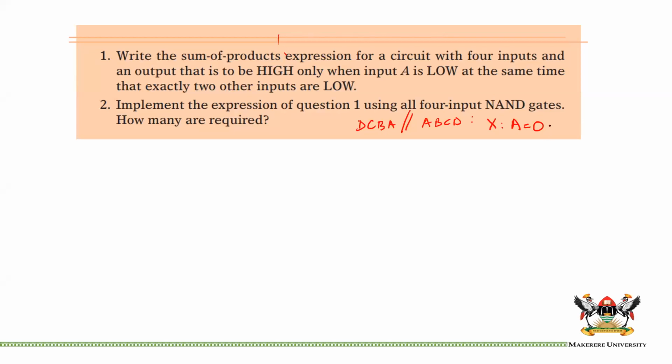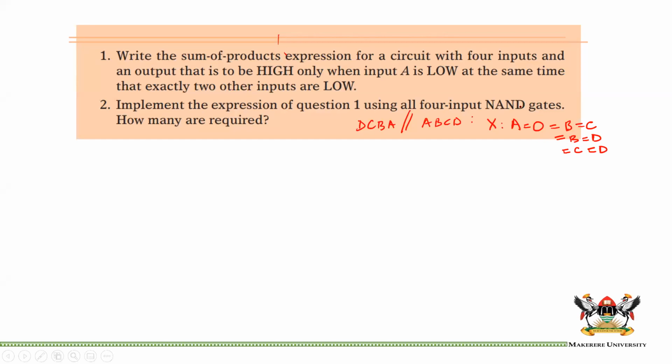So it means B or C, or A is equal to 0 and B is 0 and D is 0, or C is 0 or D is 0.